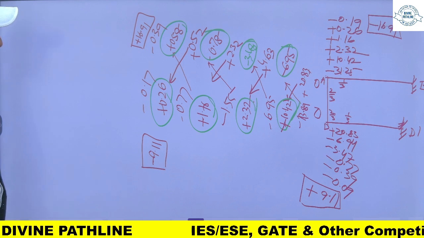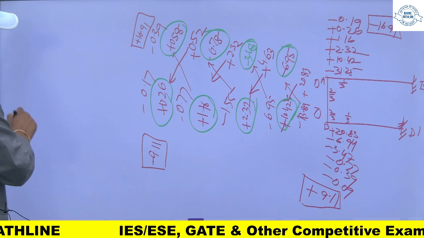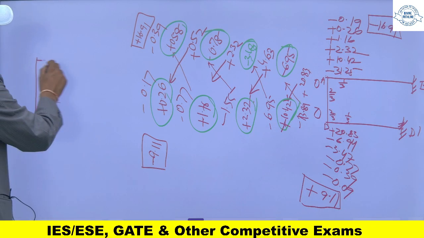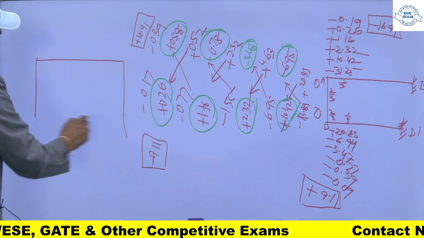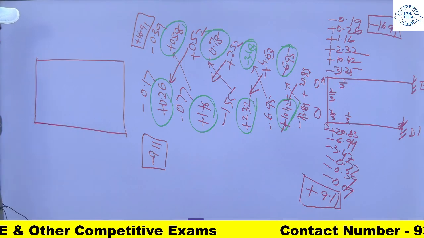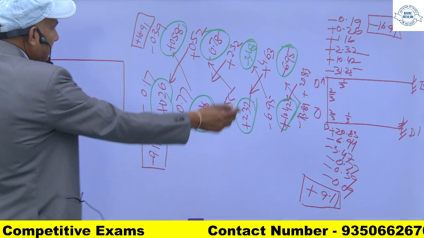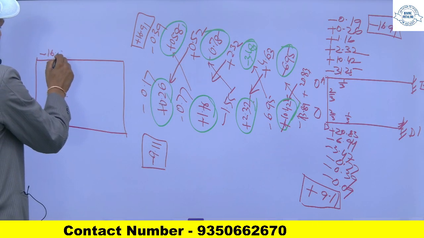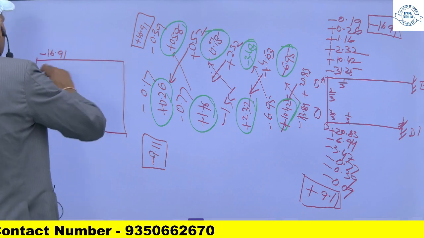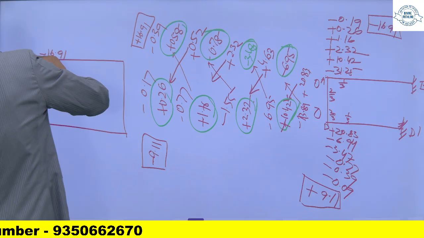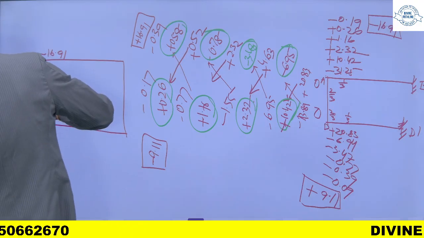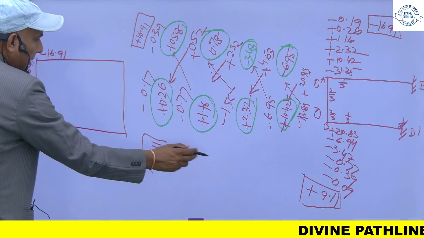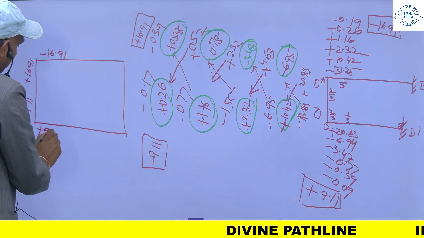I can use my box, it looks like this, this is my box. So this moment is minus 16.91. This is plus 16.91. This is minus 9.11 and this one is plus 9.11.